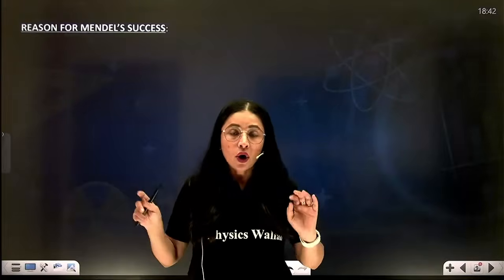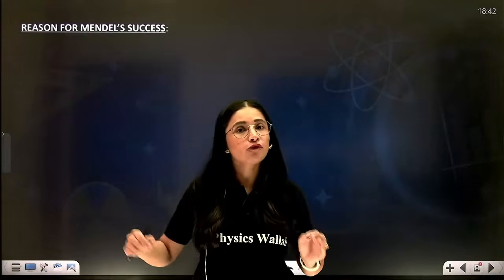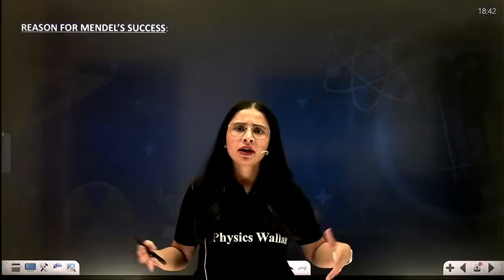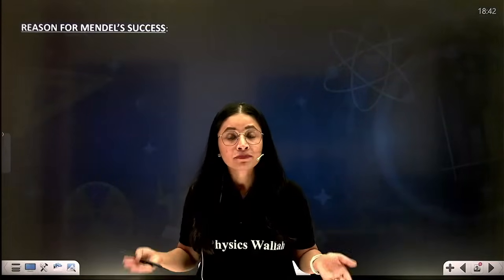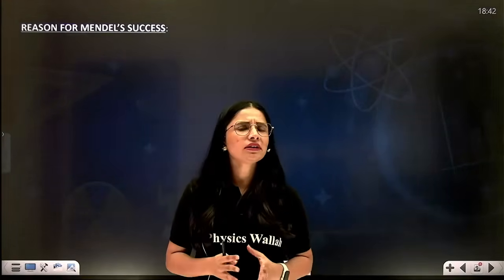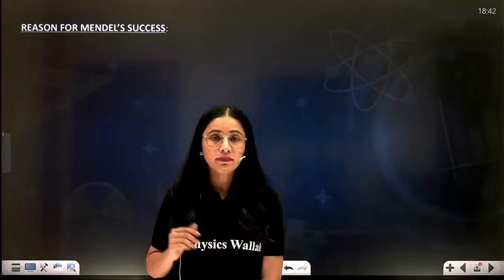It itself was performing self-pollination. Only for cross-pollination Mendel had to take care. So his workload got reduced because pea plant itself was showing self-pollination due to the bud pollination mechanism. Correct? So these were certain reasons associated with pea plant.